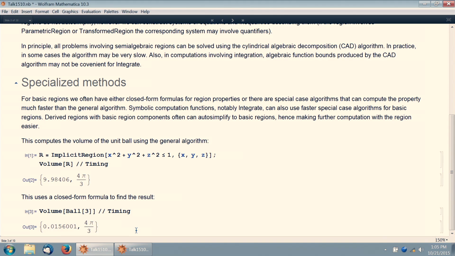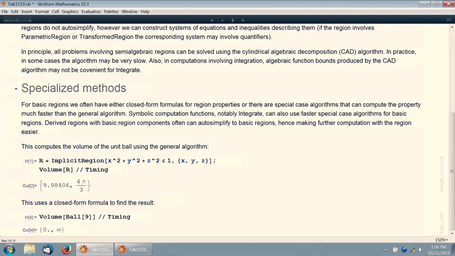This time here is loading the package. Second time around, it probably would be 0. Well, I don't think we can make it work with symbolic n, but you can do volume. Volume is a 3D volume. So it's infinite for a 9-dimensional ball.